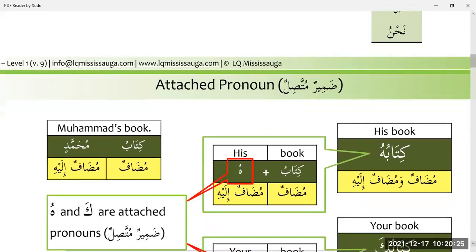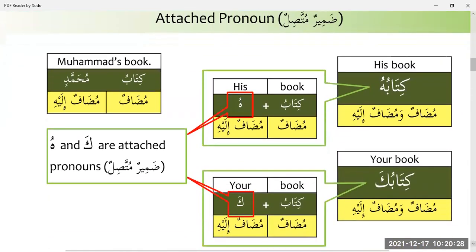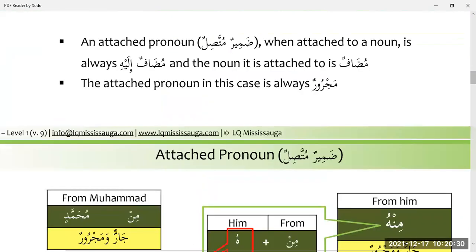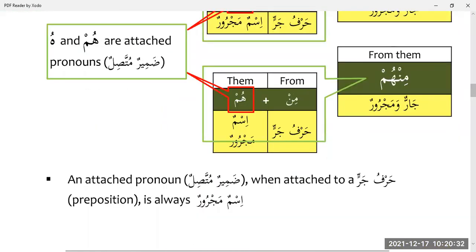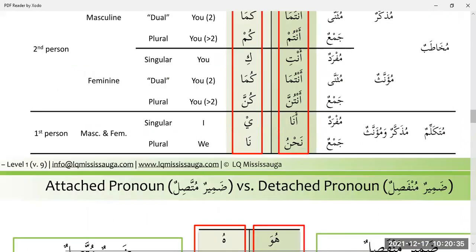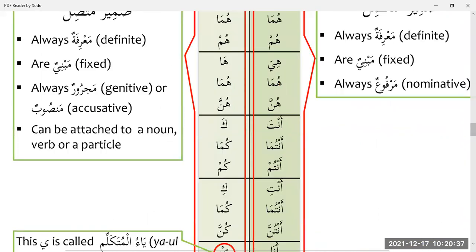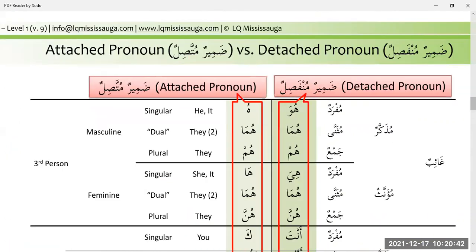And the second is damir muttassil. You see here, this is a comparison of damir munfassil and damir muttassil, the attached pronouns.